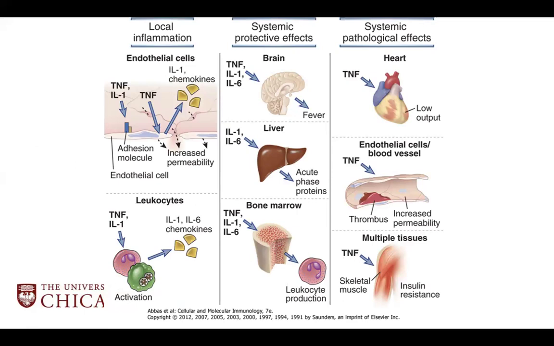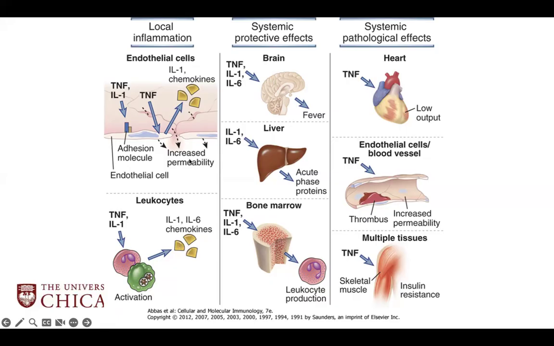So here are all the different places that these cytokines can work. They're really multifactorial. Once that innate immune system has been activated, it will of course lead to activation of different leukocytes to get to the site of infection.